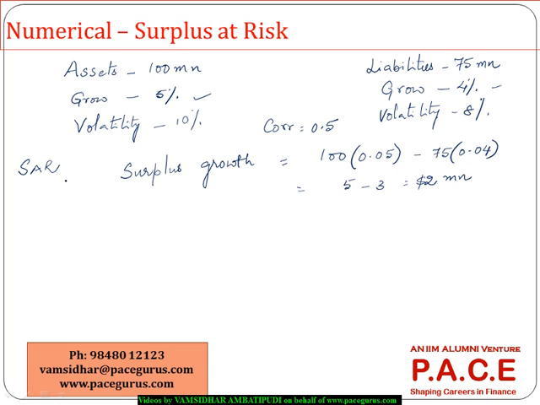So the expected surplus growth is 2 million.